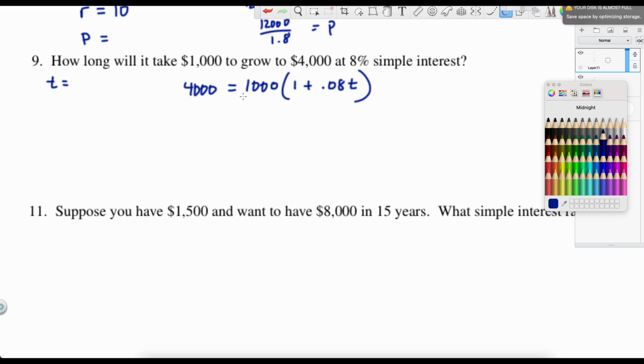Let's divide both sides by 1,000. So I got 4 equals 1 plus 0.08t. I'll subtract 1 from both sides. Now I'm going to divide 3 by 0.08. 3 divided by 0.08 is 37.5 years.